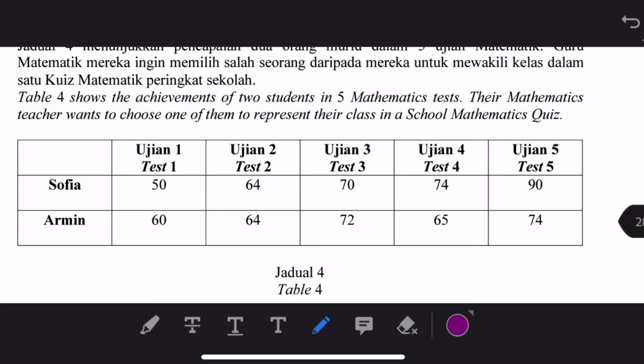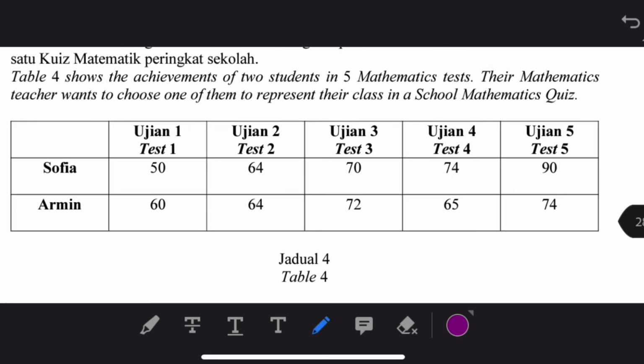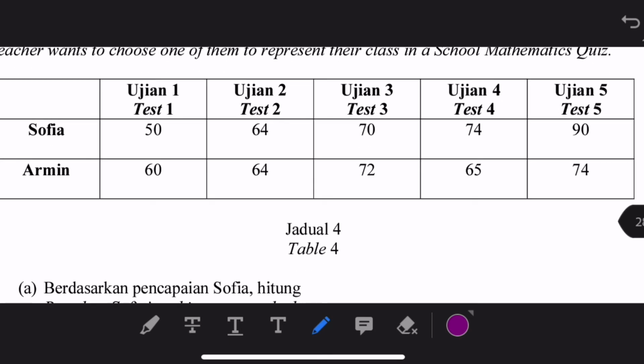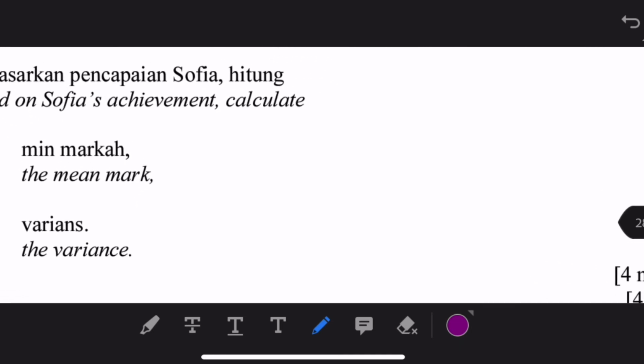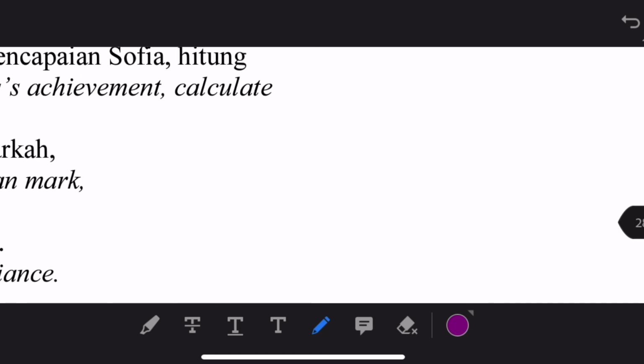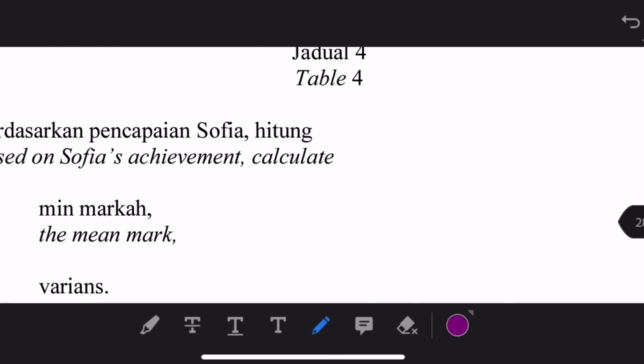Normally for statistics we will try to use the standard deviation. Before you can use the standard deviation, you need to find the mean marks for them. So let me show how to find them.